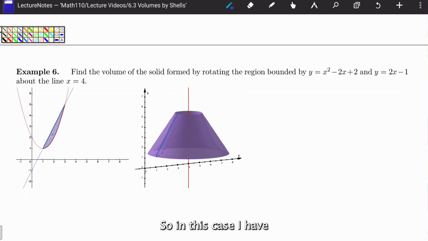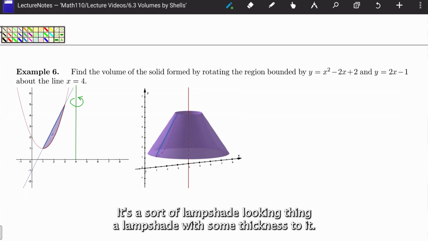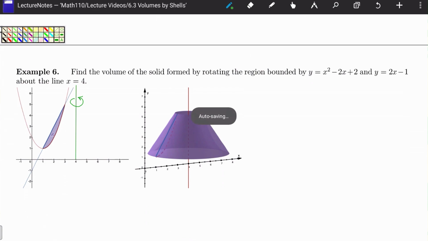So in this case, we're rotating around the axis x equals 4. So I'm going to draw that axis. We're going to rotate around that axis, and that's what it looks like here. It's this sort of lampshade looking thing, a lampshade with some thickness to it.